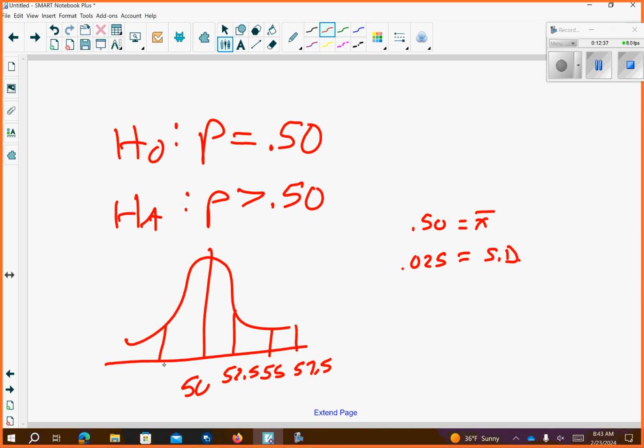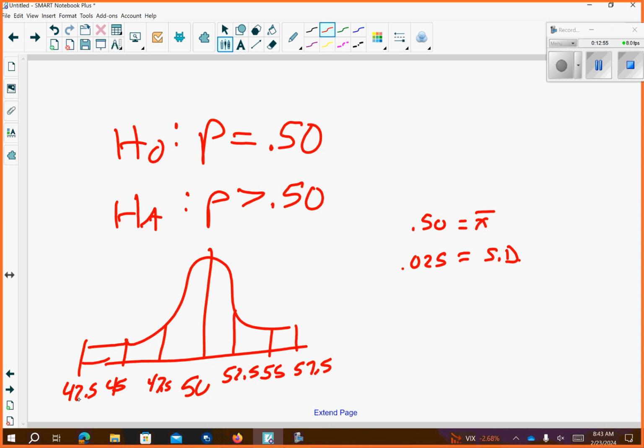We could go this way: 47.5. These are all percents rather than decimals. 45 and 42.5. Okay, that's basically our sampling distribution.